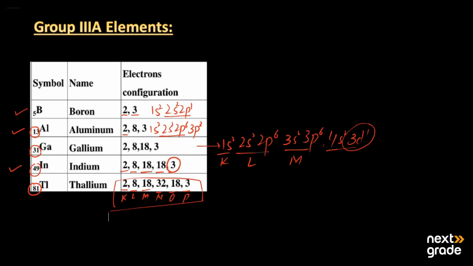You can see that as they are group 3A elements, all contain 3 electrons in their valence shell. That's why their valence shell electronic configuration just shows their group number.